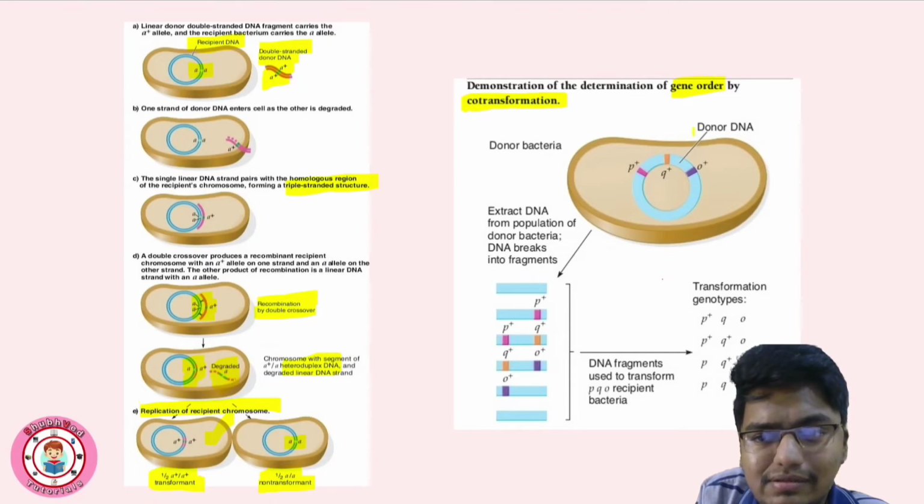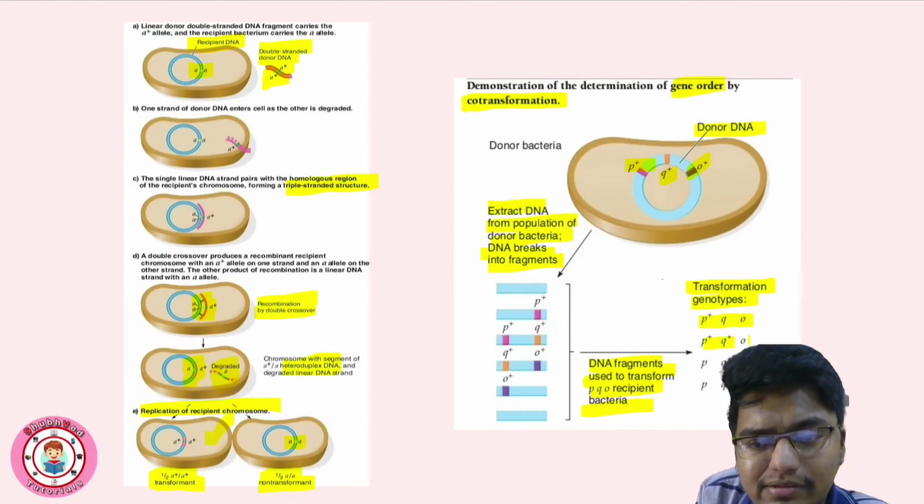In this example, the donor DNA has three genes: P plus, Q plus, O plus. We extract DNA from a population of donor bacteria, and the DNA breaks into fragments. The DNA fragments are used to transform a PQO recipient. The transformation genotypes are P plus Q O, then P plus Q plus O, then P Q plus O plus, and P Q O plus.